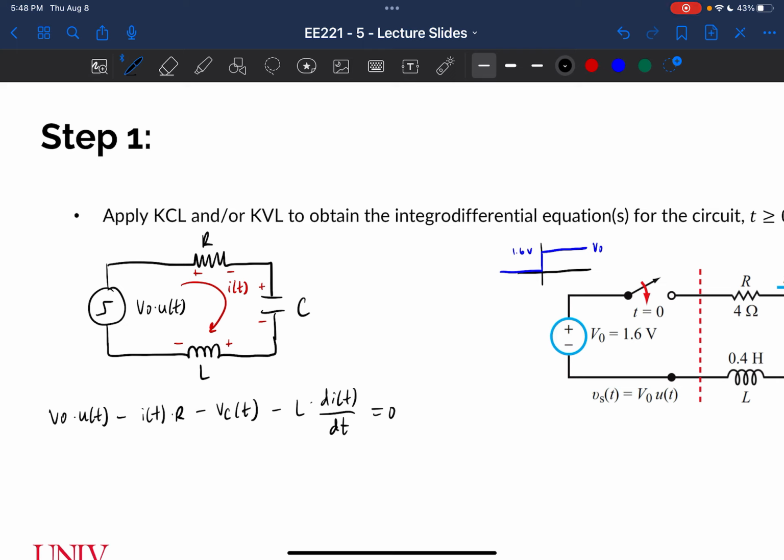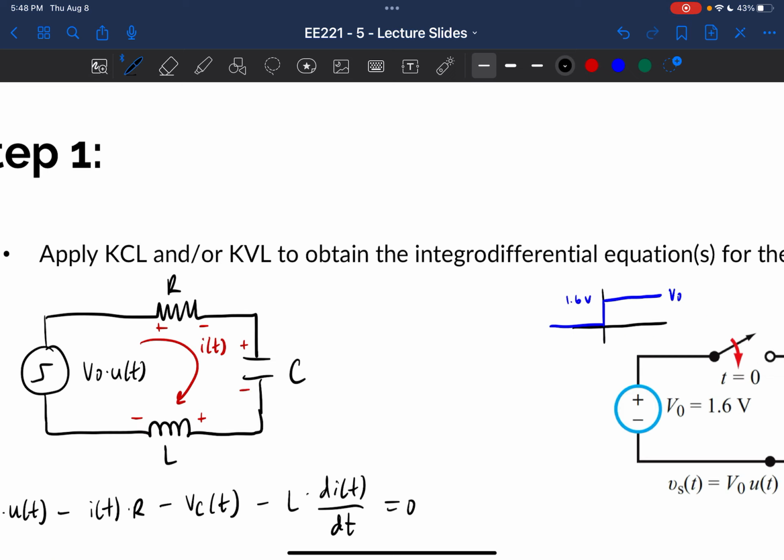Now, we have two variables here. We have I of t and we have Vc of t. So we need to get rid of Vc of t, but we can do that. We know that Ic of t is equal to C dVc of t dt.